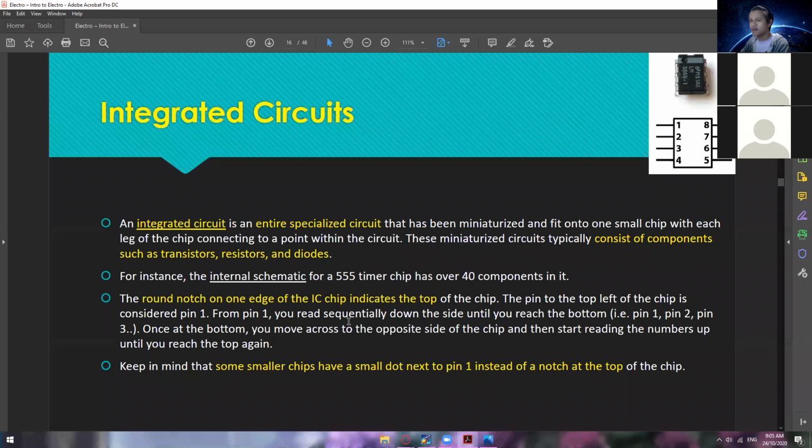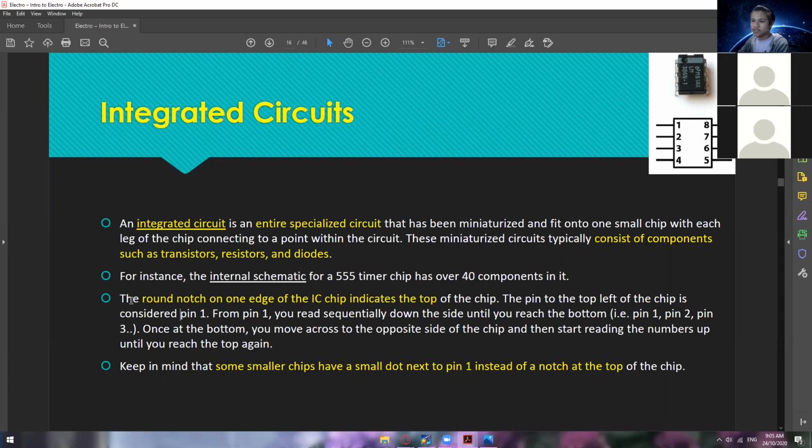I think right now the smallest is 5 or 7 nanometer technology. Before we were at 7 nanometer, but right now we already have 5 nanometer technology. So it can have millions or even billions of transistors inside of that IC.